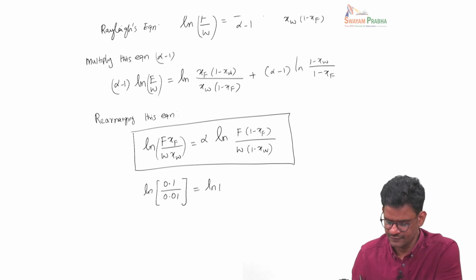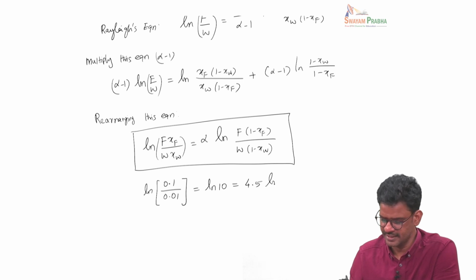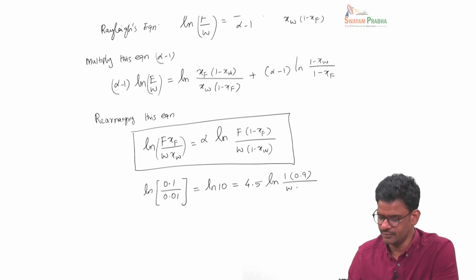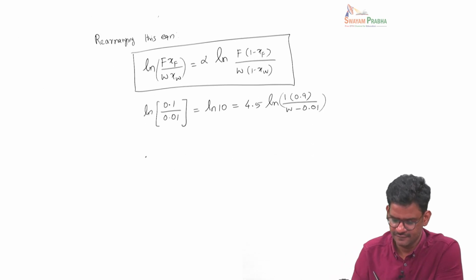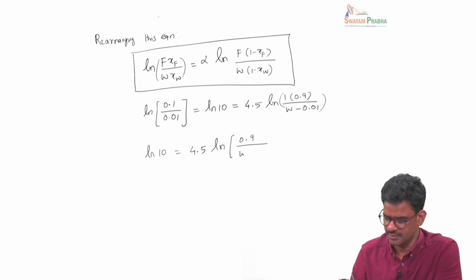So, this gives ln of 10 is equal to alpha, which is 4.5, times ln of F is 1 and 1 minus XF is 0.9, and we do not know W, and W times XW is 0.01. So, we have ln of 10 is equal to 4.5 times ln of 0.9 over W minus 0.01.